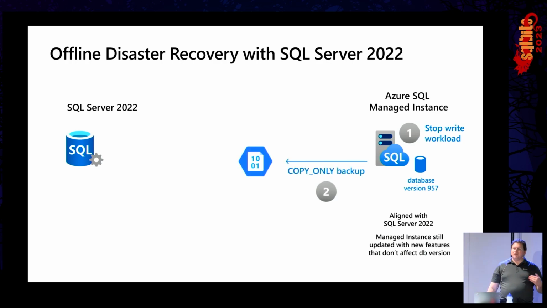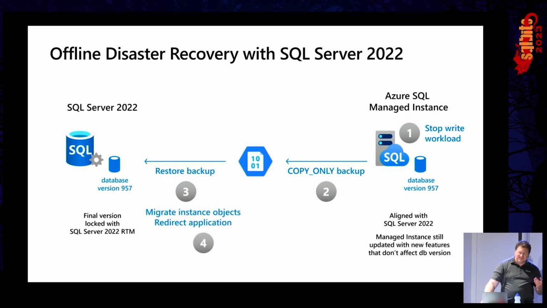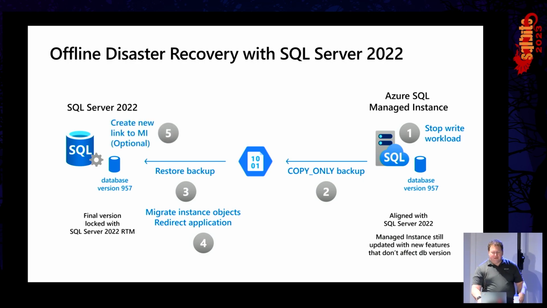You do a copy-only backup of that managed instance database, and you restore it on-prem. It's that simple. Now, you do still have to migrate your instance-level objects and redirect all your applications. It's not like we have a listener here that's going to redirect you automatically. And then if you want to, you can create another MI link. You can set it up again for your disaster recovery failover to the cloud.